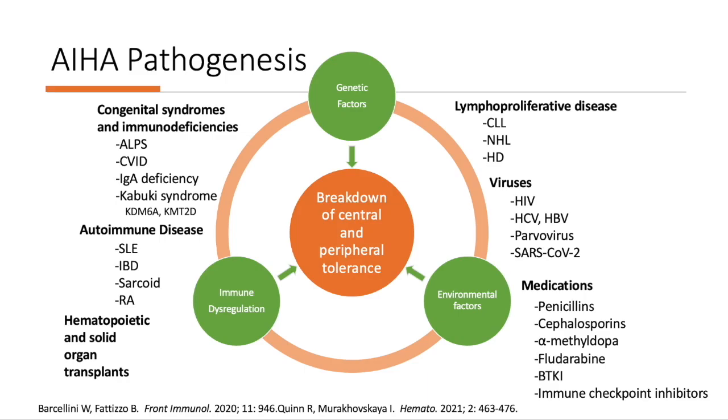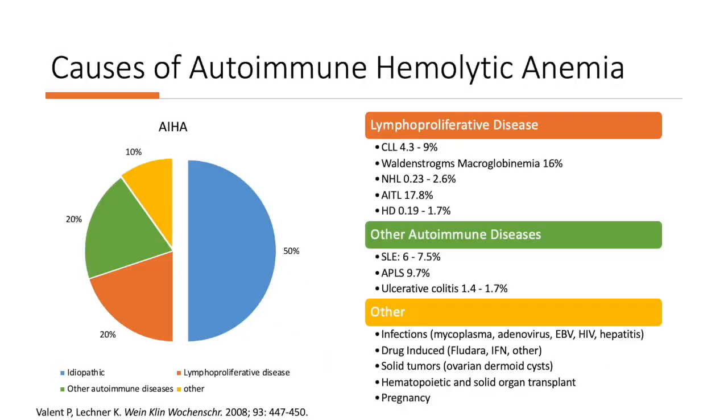Viral infections, including HIV, hepatitis B and C, parvovirus, and more recently COVID-19 infection, have been associated with autoimmune hemolytic anemia development as well.